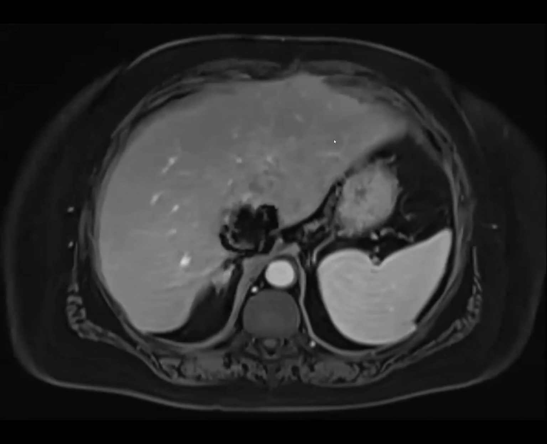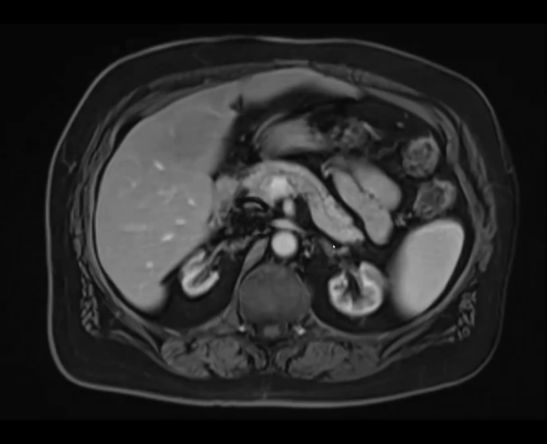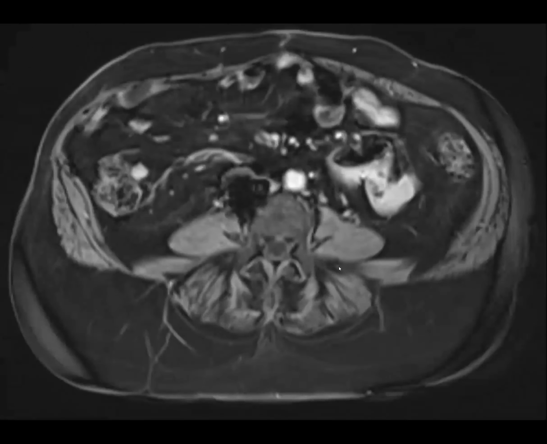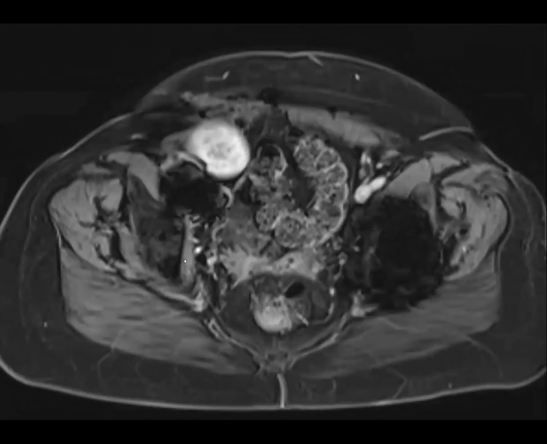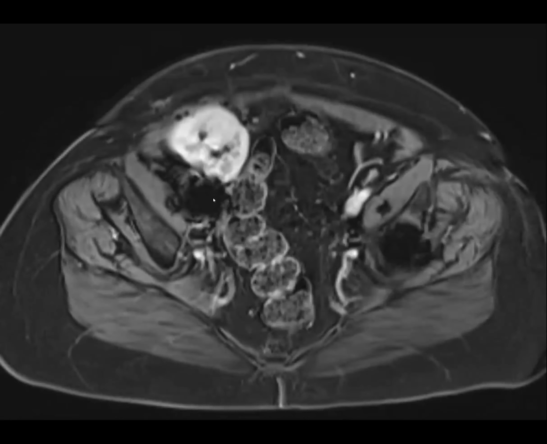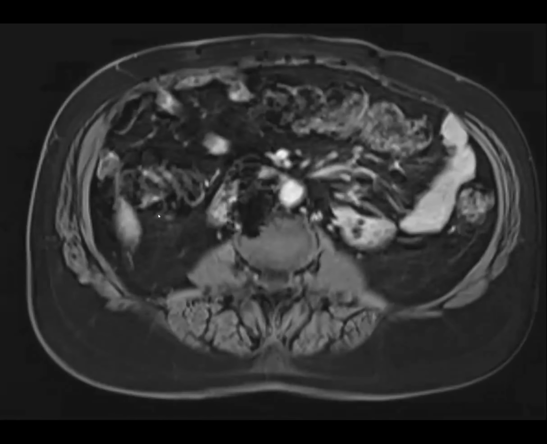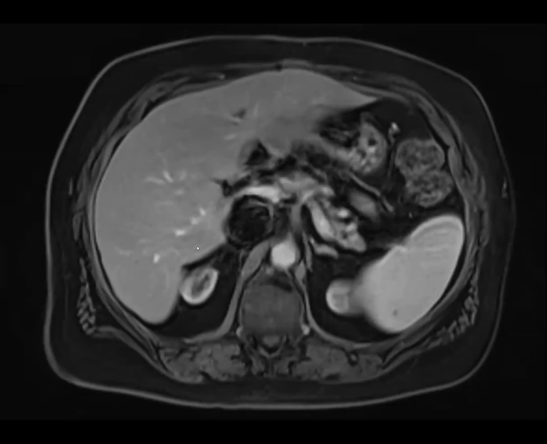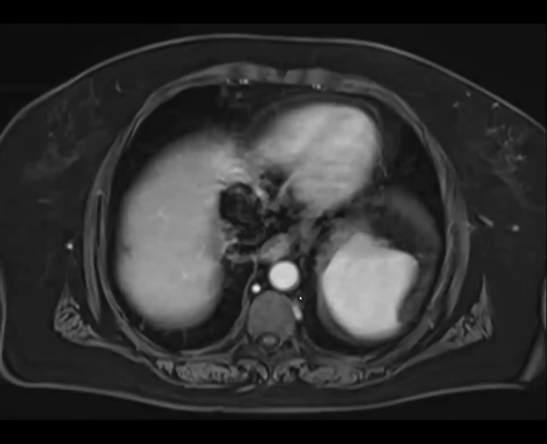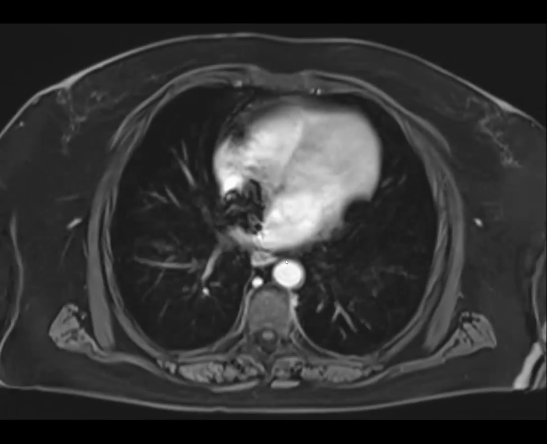So this is an interesting one. A friend and colleague was reading this exam and noted incidentally an artifact coursing in the expected location of the IVC, so the IVC could not be evaluated. Is there a CT or any other imaging finding anywhere?